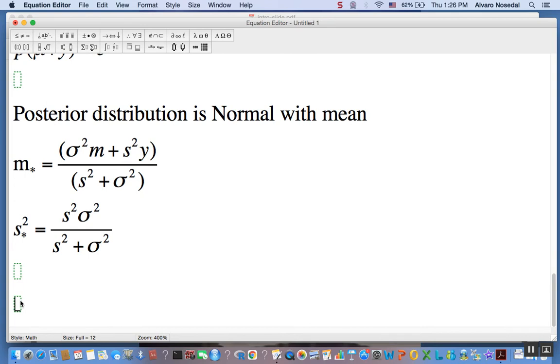Okay, so to introduce these updating rules, these rules that will give us the parameters of the posterior more quickly, let me introduce a new concept, the concept of precision. The precision is the reciprocal of your variance.